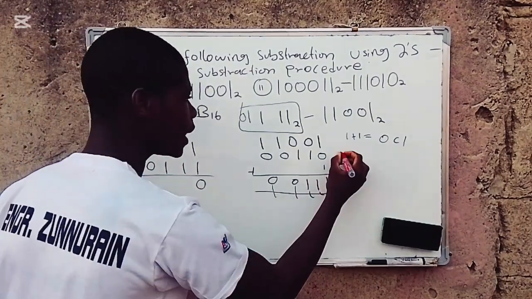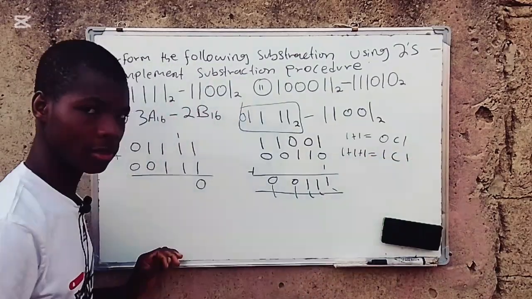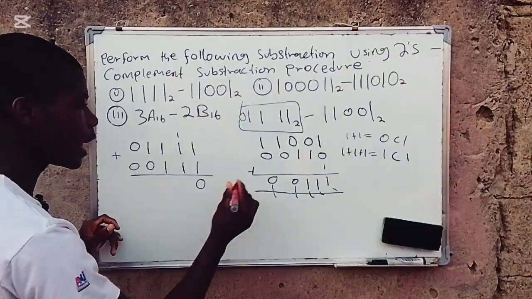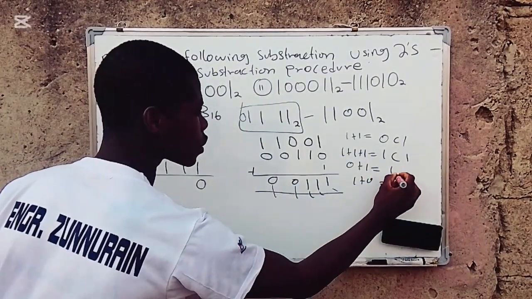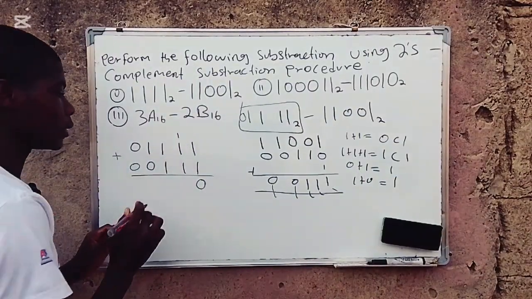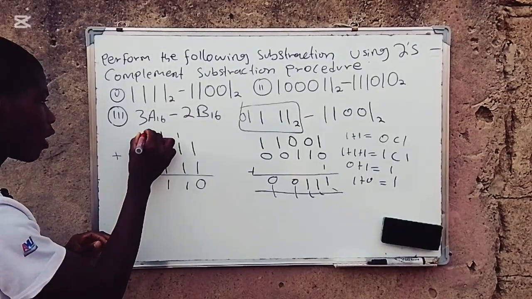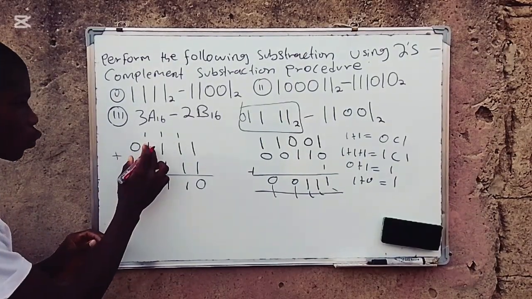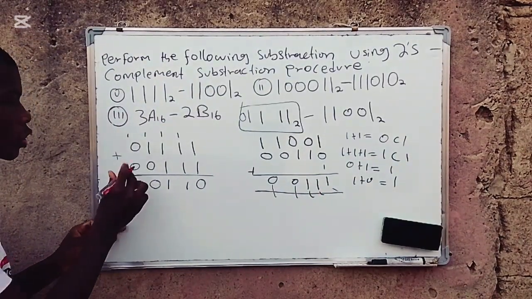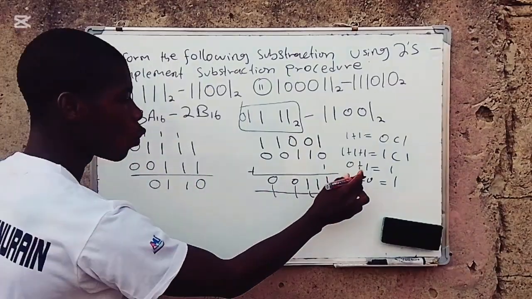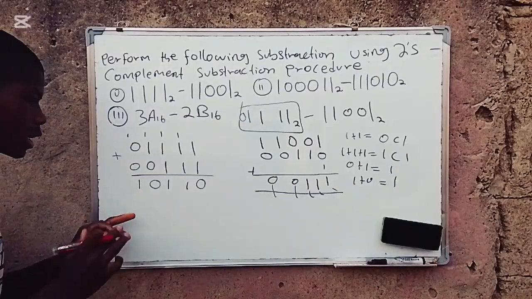That is 1 with a carry of 1. When you have 0 plus 1, it is 1, and 1 plus 0 is 1. Again 1 with a carry of 1, again 1 plus 1 is 0 with a carry of 1. Then 0 plus 0 is 0, and 1 plus 0 is 1. So this is the result that I get.